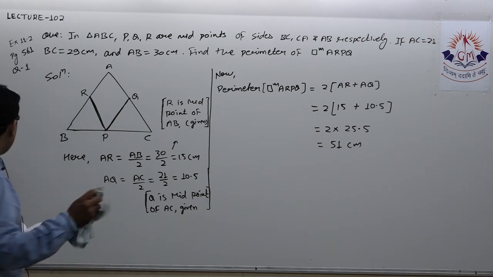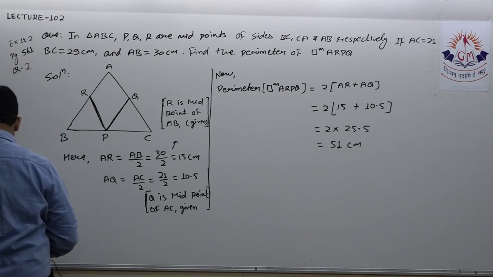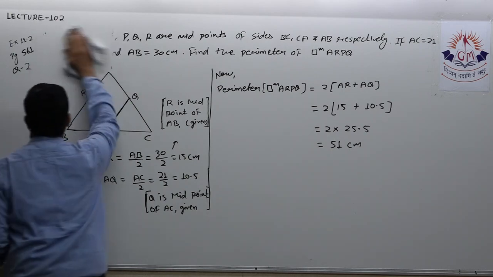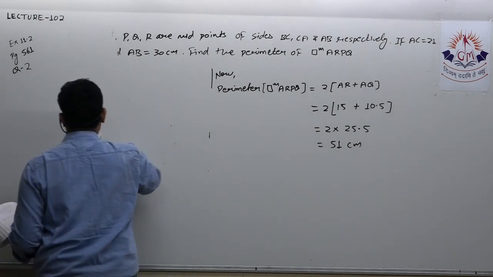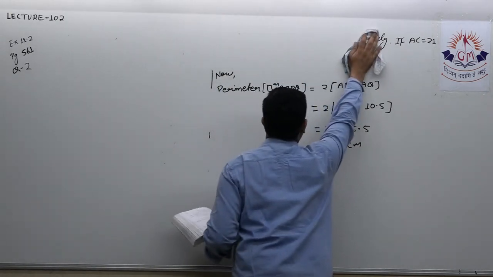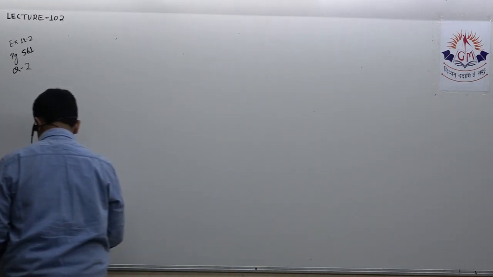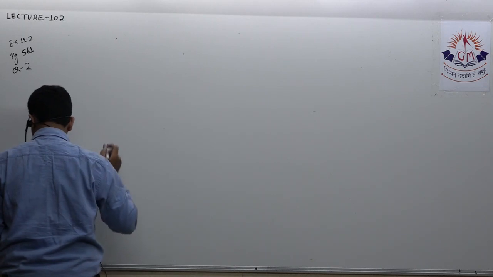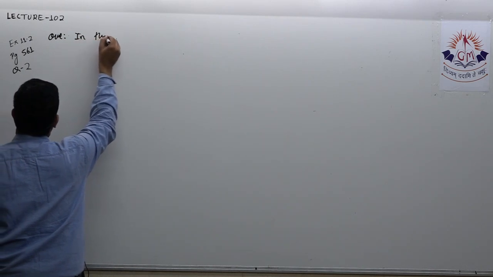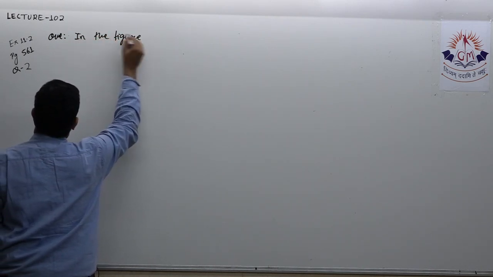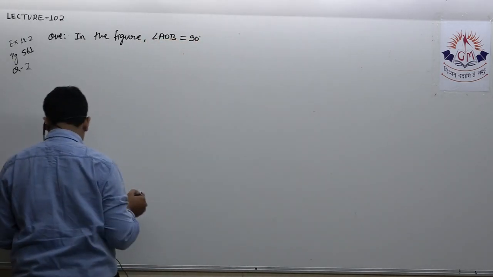Now the next question is from the same exercise, same page, question number 2. The question is, in the figure angle AOB is equal to 90 degree.